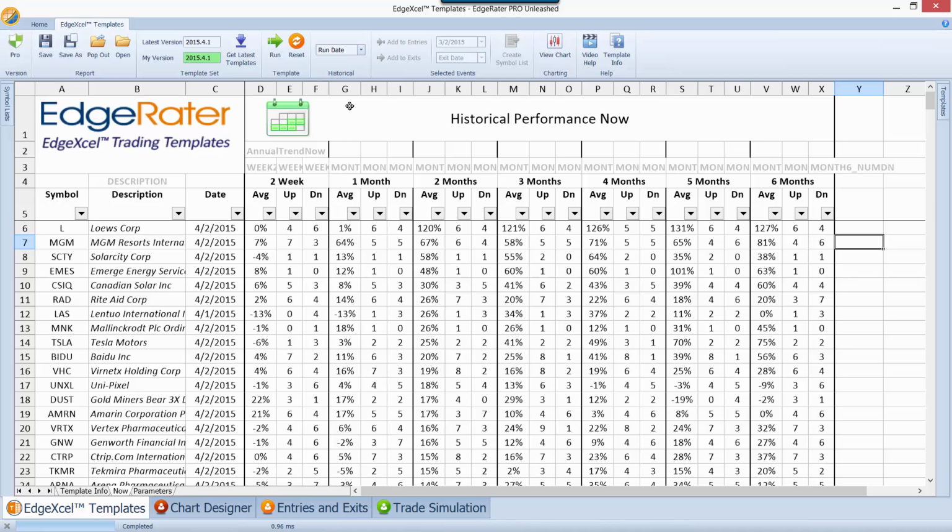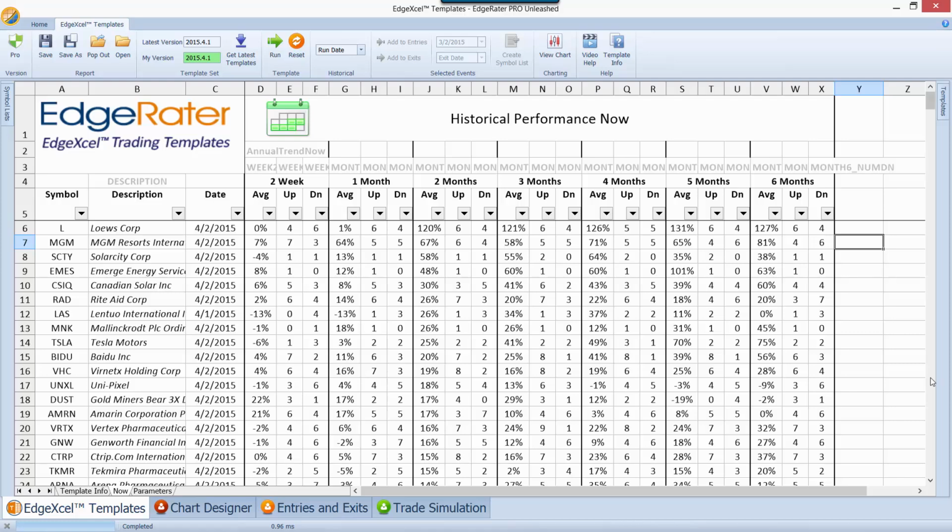So if you've run a scan for, say, stocks that are moving, the in-play template, then you can add a column to that template which contains some of the fundamental criteria. So that is a possibility. And I think we're going to be working a bit more on that link between the two programs to make it a little bit better and stronger. So that would be the way to use fundamental criteria.